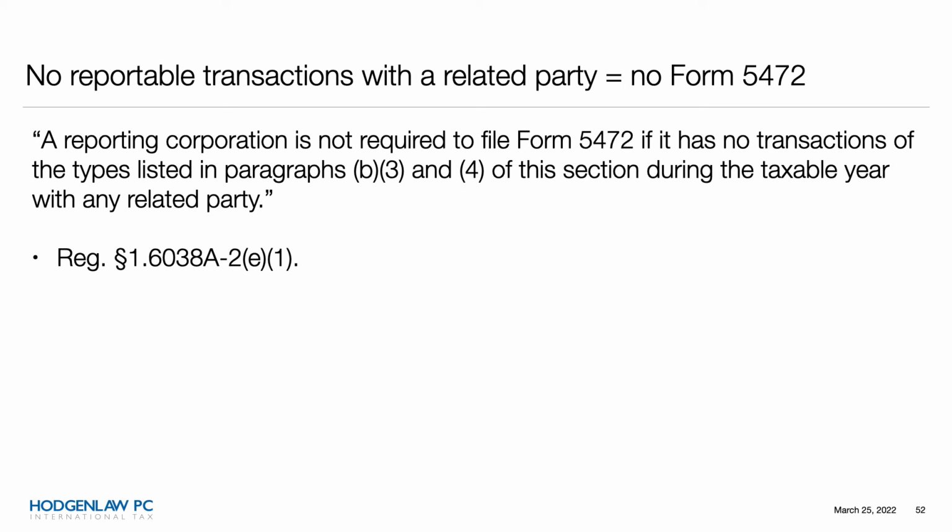Therefore, a domestic corporation receiving a capital contribution of $10,000 does not have a related party transaction between the 25% foreign shareholder, who's a related party, and the domestic corporation, which is a reporting corporation. No Form 5472 filing requirement there.